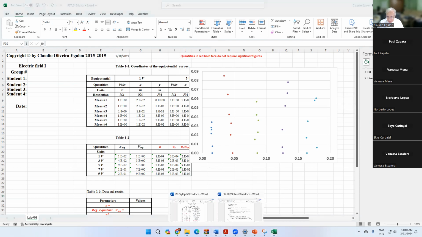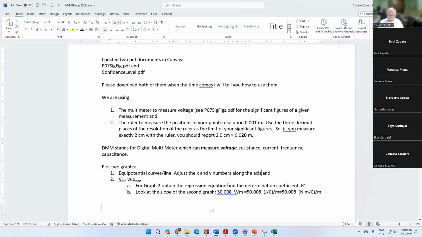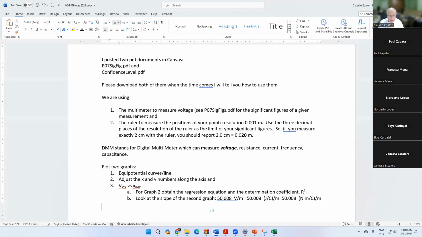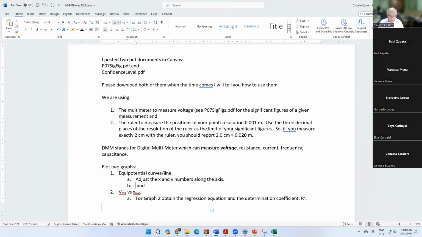Okay, so let's go back here. Adjust the X and Y numbers along the axis. Let's put it this way. Here you go. Axis. Boldface the numbers.